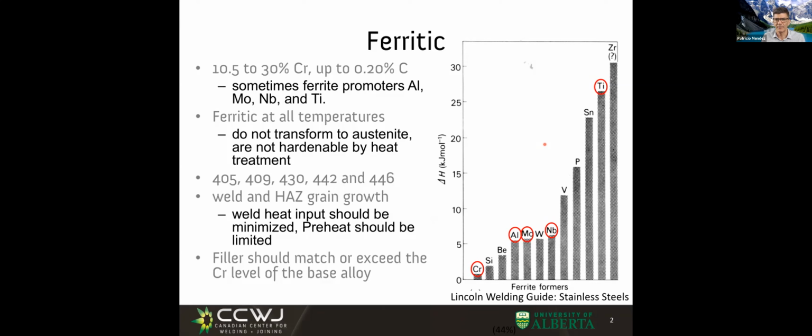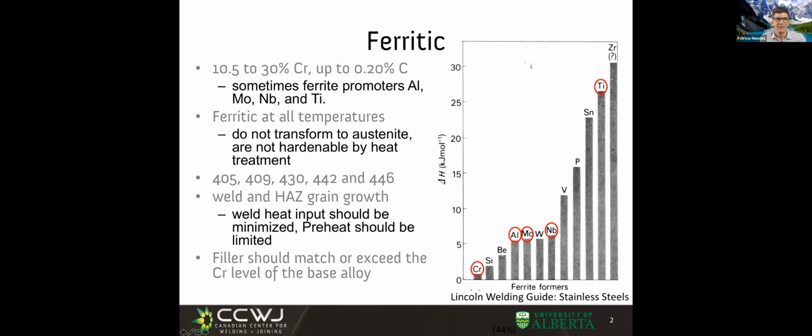And ferritic stainless steels have ferrite stabilizers. We discussed them briefly when we were talking about the basics of carbon steels, when I said some elements stabilize the ferrite. And here you go.